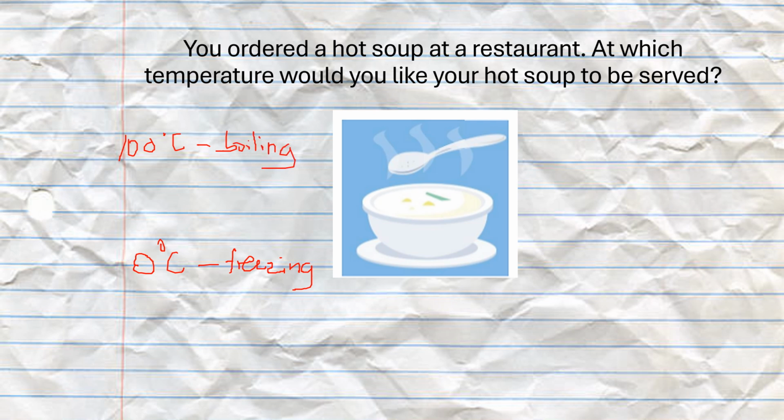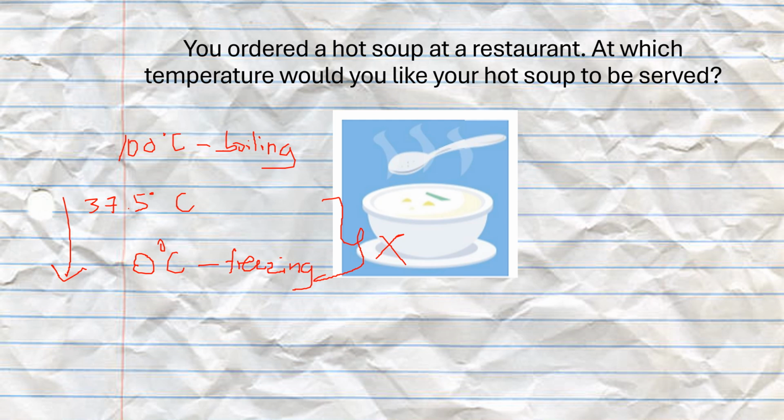We can already exclude temperatures lower than our normal body temperature for a hot soup to be served. So that is 37.5 degrees Celsius and below are already excluded from our choices. Hence, we are left with around 55 degrees Celsius up to 95 degrees Celsius.